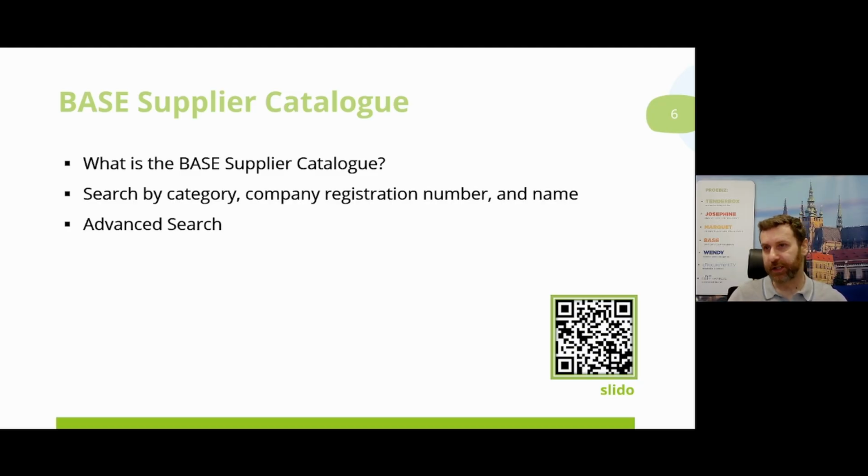You can search in the base catalog by category, company registration number, location, country, and of course you can always put these companies on the list of RFXs or tenders. You also have advanced search for more information. We are going to create a more complex base.